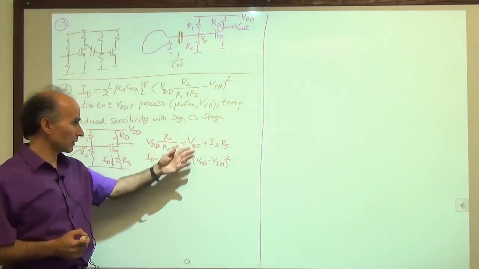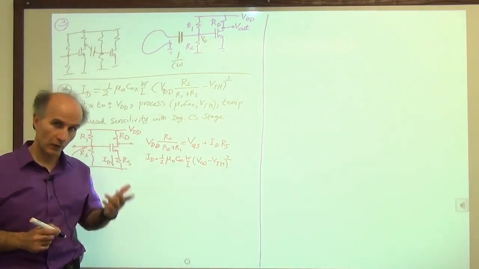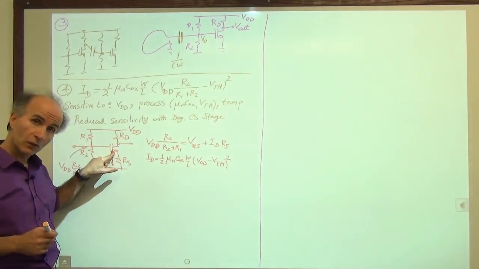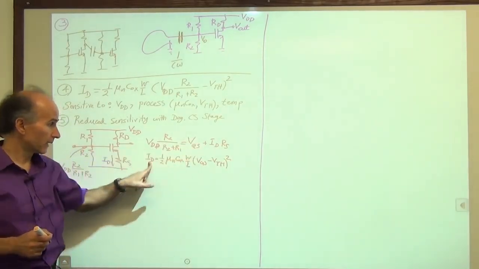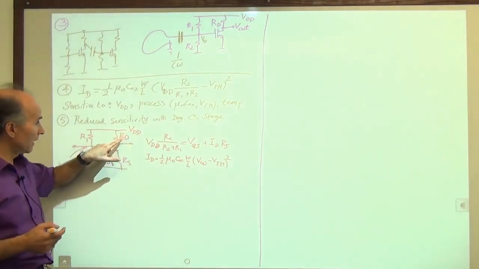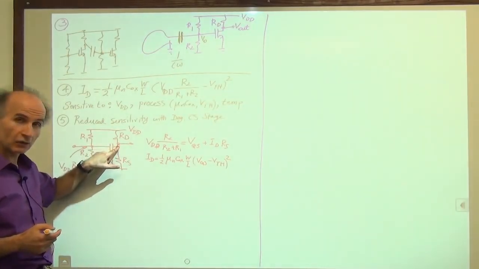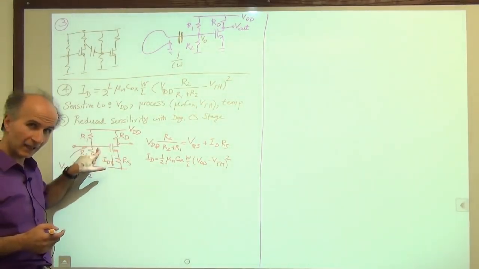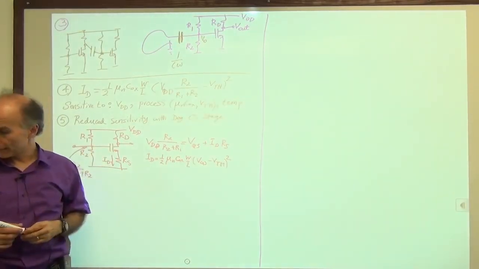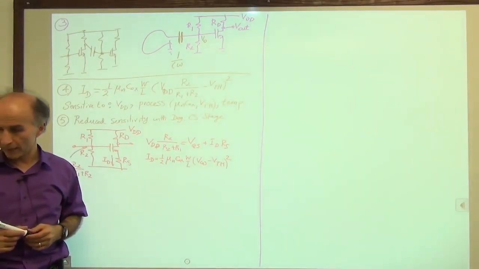With these two equations, we can find VGS and ID, so we have all the properties of the circuit. Of course, we always have to make sure that the device is in saturation. So after finding ID, which assumes saturation, we go back and find VDD minus RD times ID and make sure that this drain is not too low compared to the gate voltage. So that is the use of degeneration to stabilize the bias.